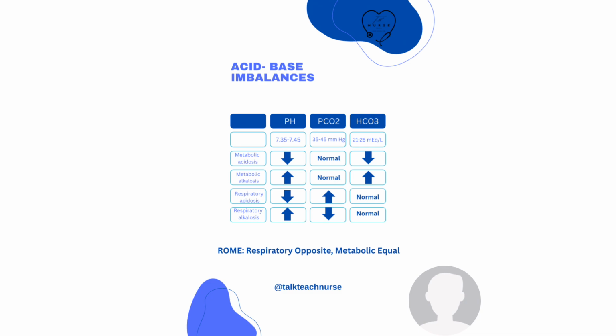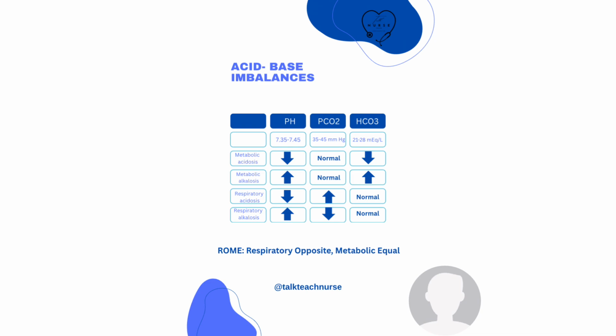Now, when you are thinking about metabolic acidosis, overall, one thing I want you to consider is the ROME method. The ROME method basically states that respiratory is opposite, while metabolic is equal.